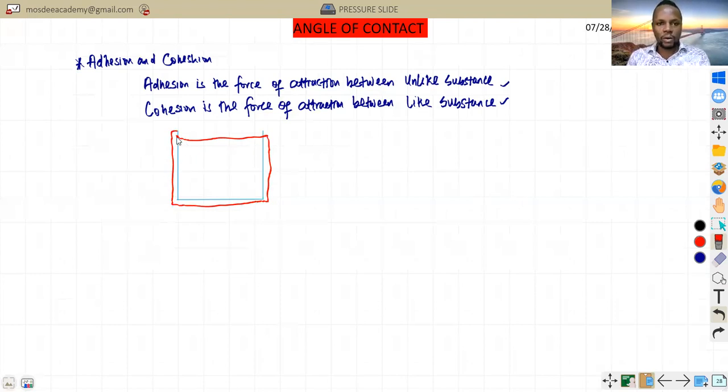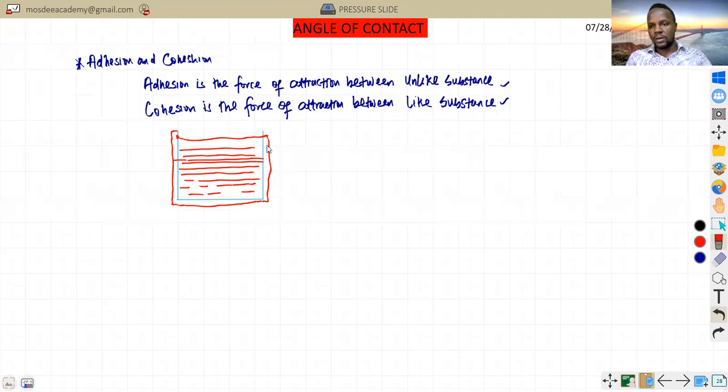Now, if you see this, there's a contact here. We are talking about adhesive force and cohesive force that act between substances. I'm filling this with water for better understanding. There will be a force that acts between the surface of the solid, the beaker, and that of the water.